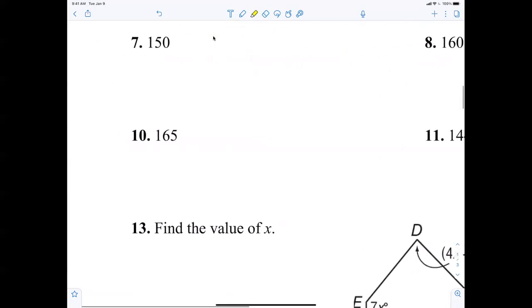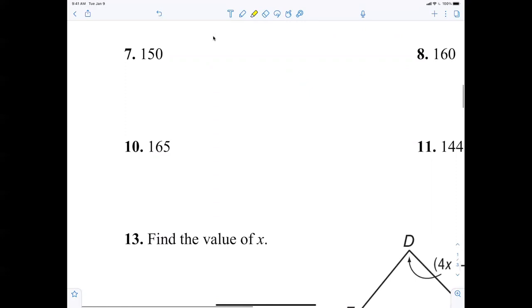So again, the formula for the sum, everybody look at this. The sum is equal to n minus 2 times what? 180. If it's regular, what's true about all of the angles? They're the same. So if I wanted to find the measure of each angle, what would I do to that formula?